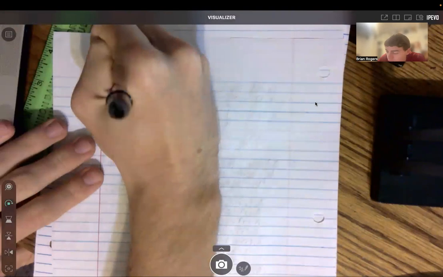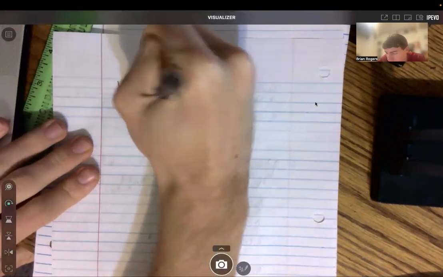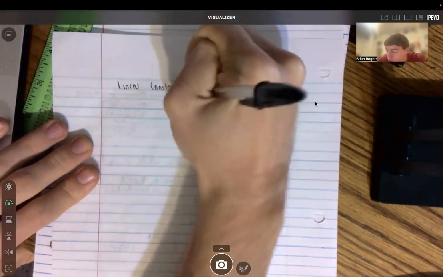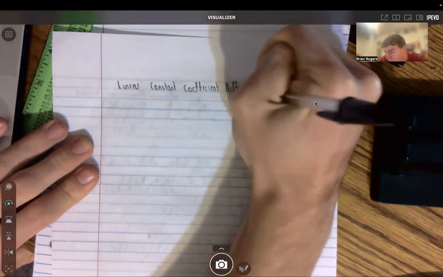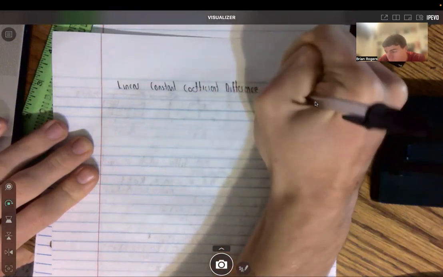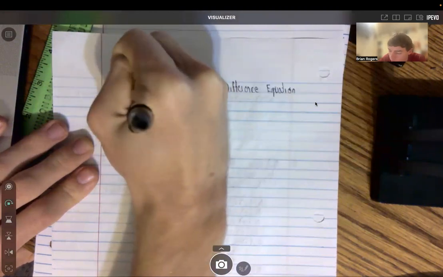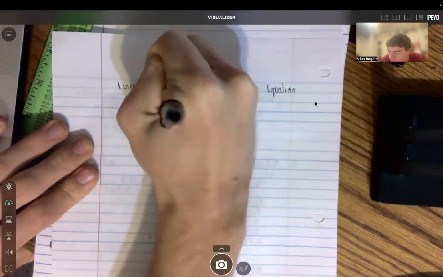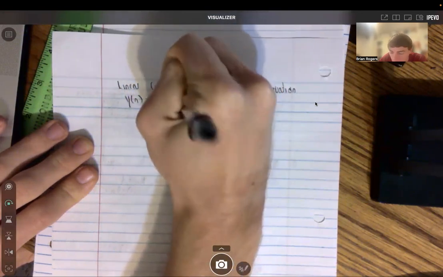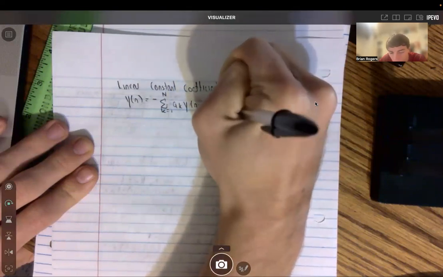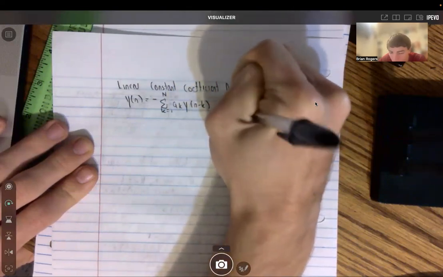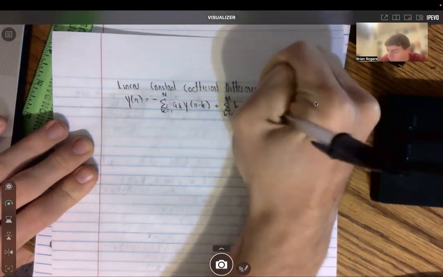The main things that you saw within this were that you have the linear constant coefficient difference equation given to you. And that equation is given by y of n is equal to negative the summation of all your y of n minus k terms, plus the summation of all your b of k x of n minus k terms.